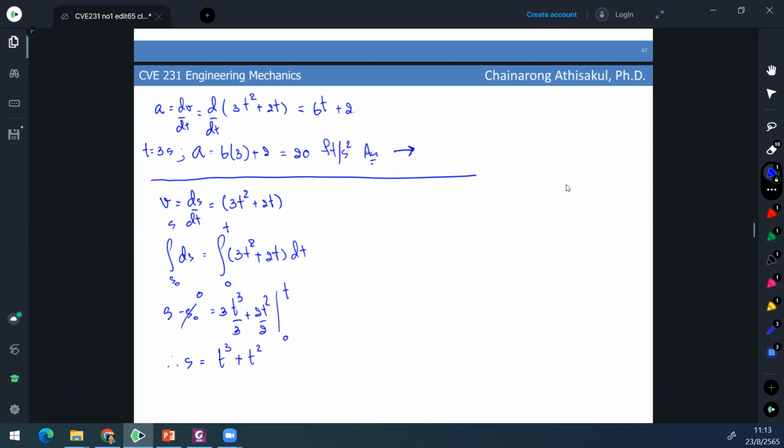We substitute when time equals 3 seconds. We obtain s equal to 3 cubed plus 3 squared, that becomes 36 foot. The positive means that the position is to the right. Okay, it's complete for this problem.